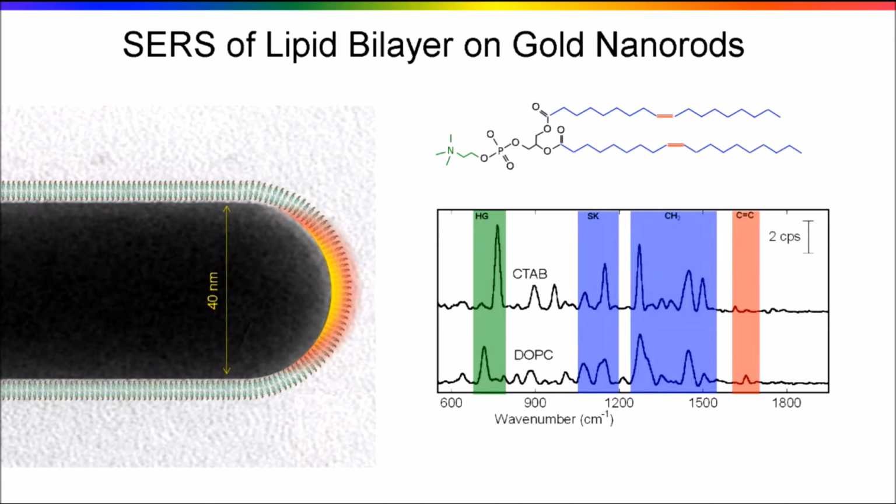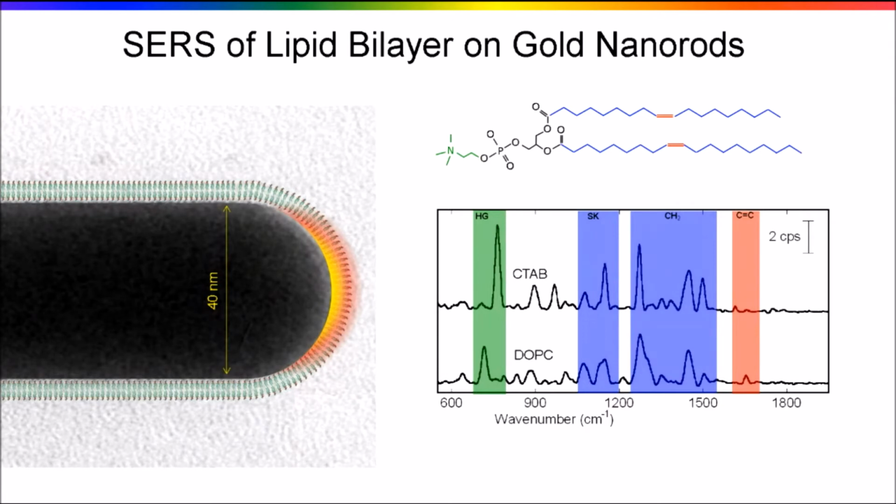And these are all well-known peaks of the carbon chain, but the CTAB also has a carbon chain, so some of those also show up there. But this is the main thing here. This is my evidence that we are definitely exchanging the surfactant CTAB, and we definitely have lipids. This looks exactly like a lipid spectrum on the surface of the rod.